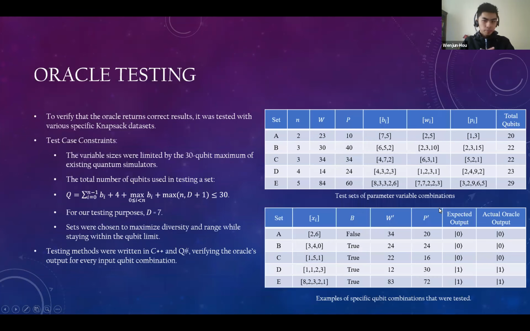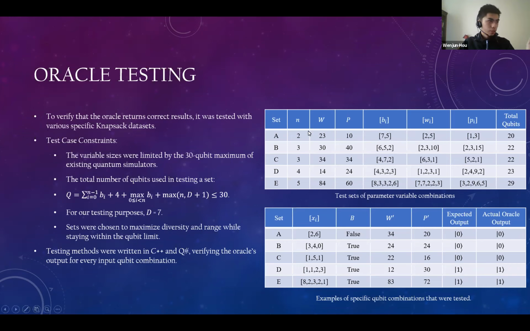And so of course, to make sure I programmed this right and I thought of this right, I had to test the knapsack oracle with many different combinations. So I made my own knapsack datasets, which are basically just example knapsack problems. Like maybe there's 5 objects and the total weight of the bag is 84 and all the other attributes.